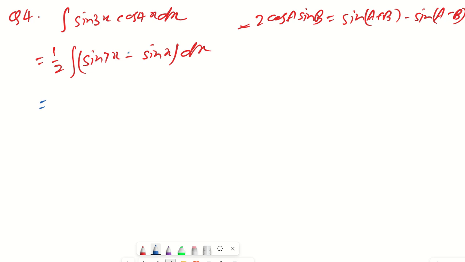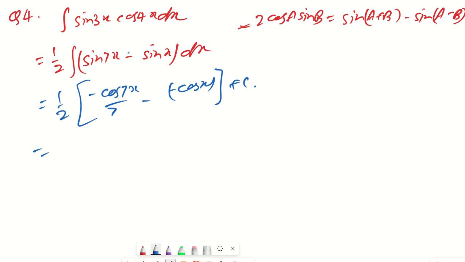Now can we do it very easily, 1 by 2 times sin 7x, it will become minus of cos 7x by 7 minus this will become minus cos x. So this is going to be like this plus some constant c. Now you will take the 1 by 2 inside, so it will become minus 1 by 14 cos 7x, and then minus minus it will become plus cos x by 2 plus some constant c.